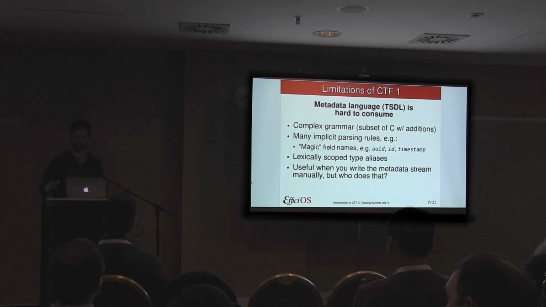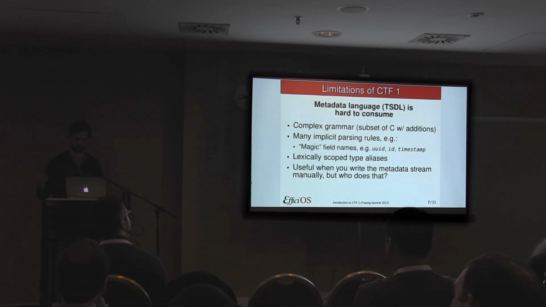It's a declarative subset of the C language with some additions specific to the tracing domain. It has many implicit parsing rules, so that's more code to put in the parser than only to remove some text in the metadata. For example, it has a bunch of magic field names, so you need to know some specific field names at specific locations, which have specific semantics.